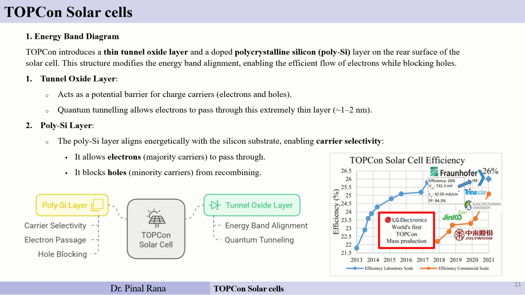What I mean by carrier selectivity is that it only allows the electrons, the majority carriers, to pass through the tunneling oxide and be extracted in the polysilicon layer, whereas it blocks the holes, which are the minority charge carriers.